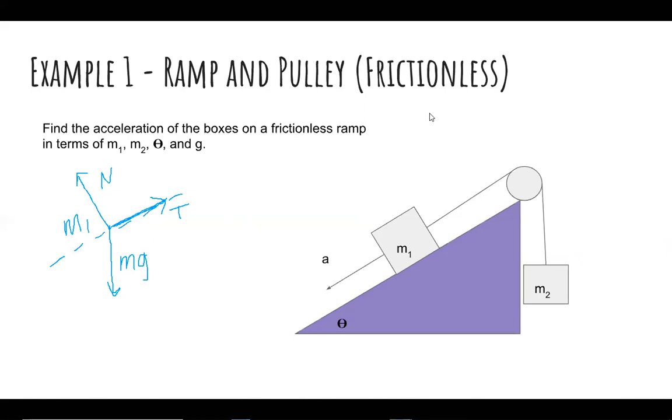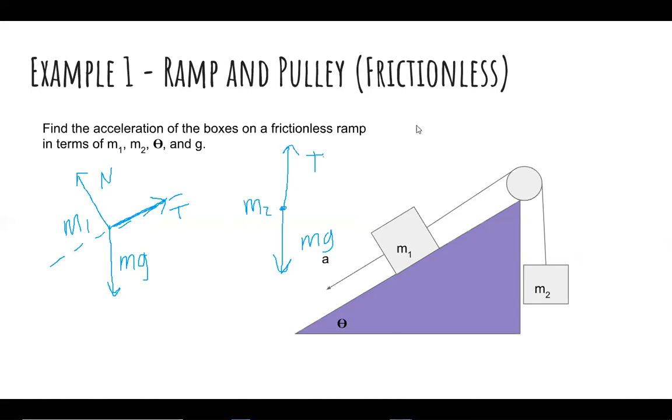And then for M2, we have the tension pointing upwards, and we have the weight pulling it down. That's for M2. Okay, is there anything else that you think I need to add to these, Josh?